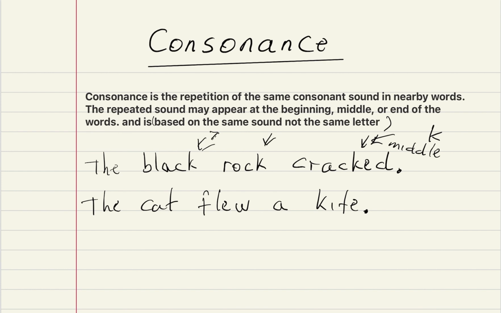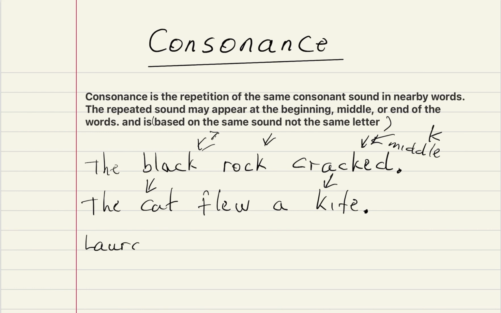You're obviously hearing the same sound K repeated, but in this case it's coming from C, but it sounds like K. So in consonance you need to just focus on the sound, not exactly the letter. So we're hearing the cat flew a kite. You see the repetition of K, but one of them is actually the letter C, but it's just the sound that we're focused on. Let me give you another two examples with different letters.